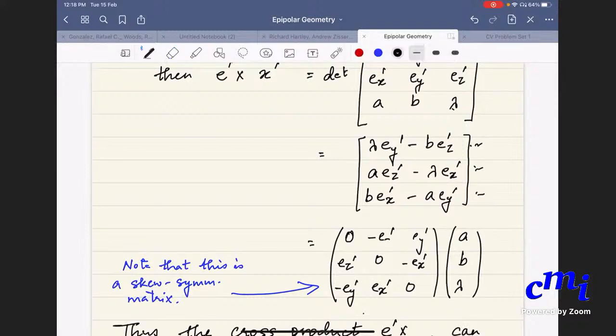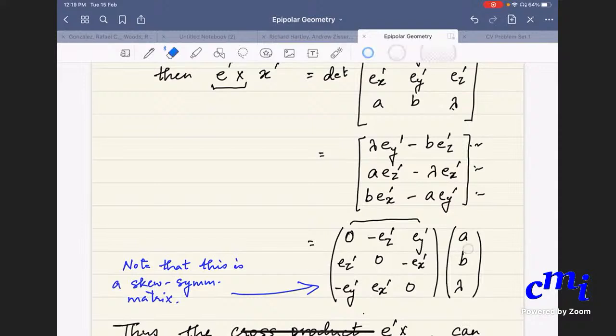If I do this multiplication, the first row by this column, I get exactly this first component. Similarly for the second and third components. So the point is that this cross product with E prime, I'm expressing as this matrix multiplied with x prime. E prime cross x prime is this matrix applied to x prime.